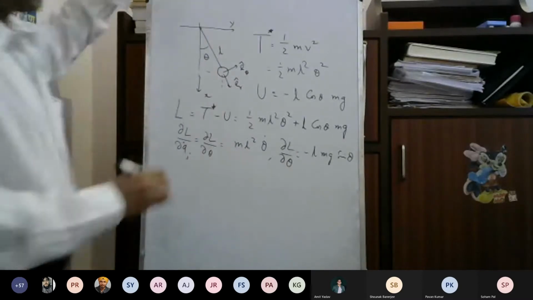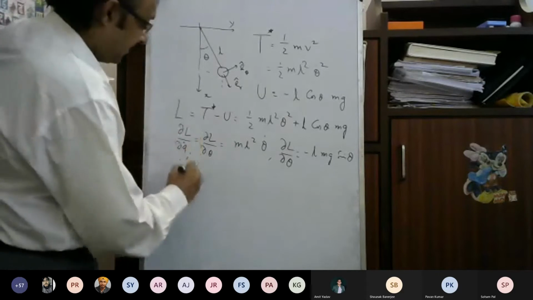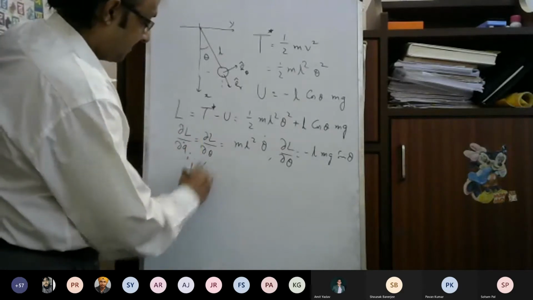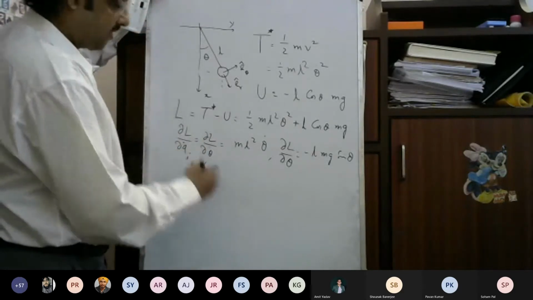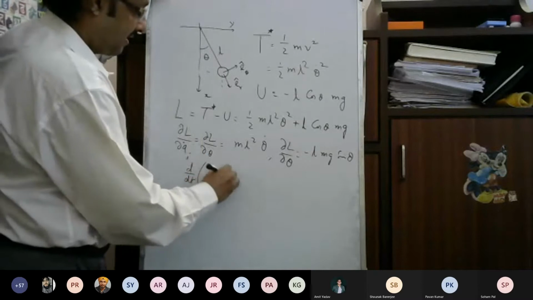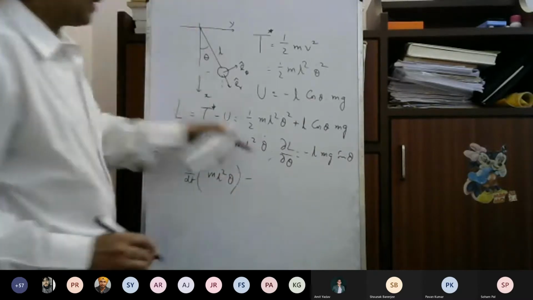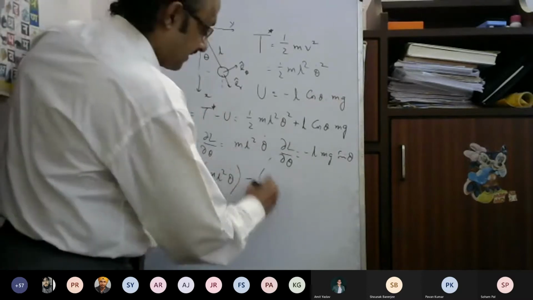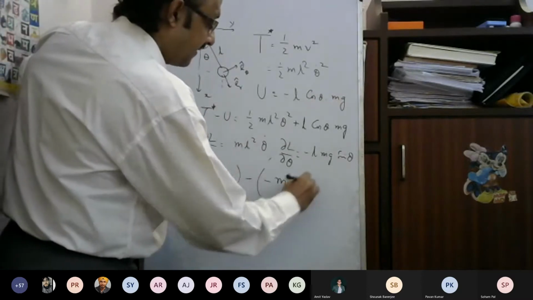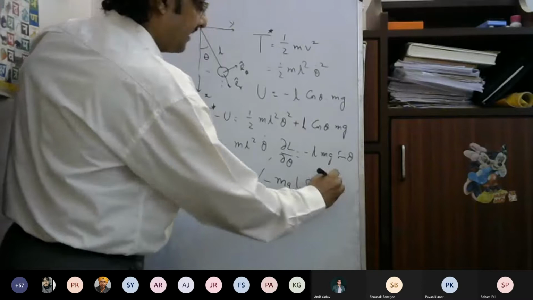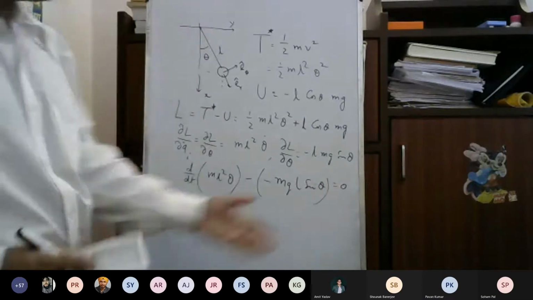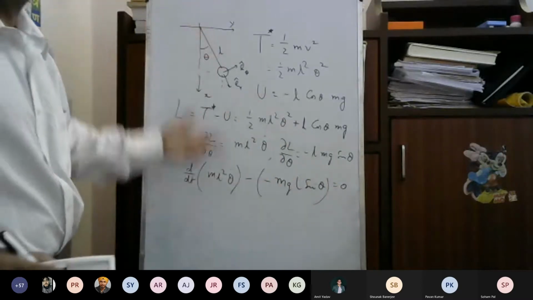So now the equation of motion will be d dt of del L del Qj dot, which is m L square theta dot, minus del L del theta, that means minus mgl sine theta. This is equal to 0 because there is no non-conservative force present in this particular problem.